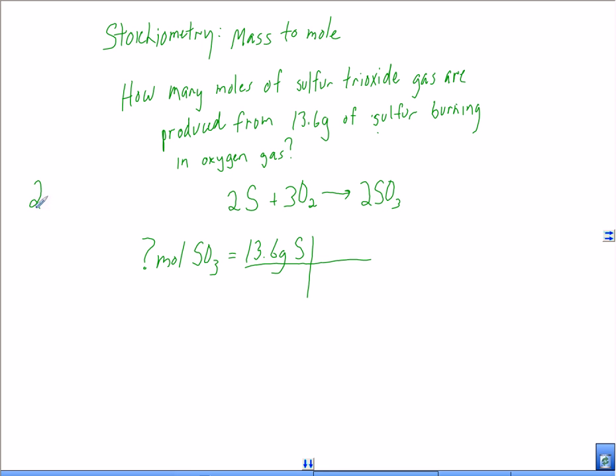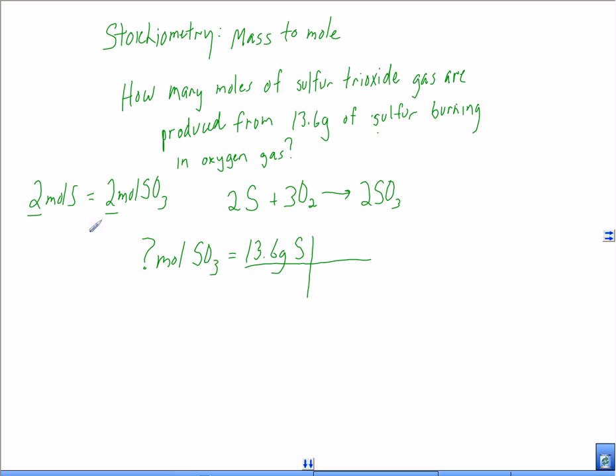And I know from the reaction that for every 2 moles of sulfur, I'm going to get 2 moles of SO3. And this is convenient because this means we have a 1-to-1 ratio. So if it's a 1-to-1 ratio, that's going to make my conversion a whole lot easier. 2 to 2 is the same thing as 1 to 1.